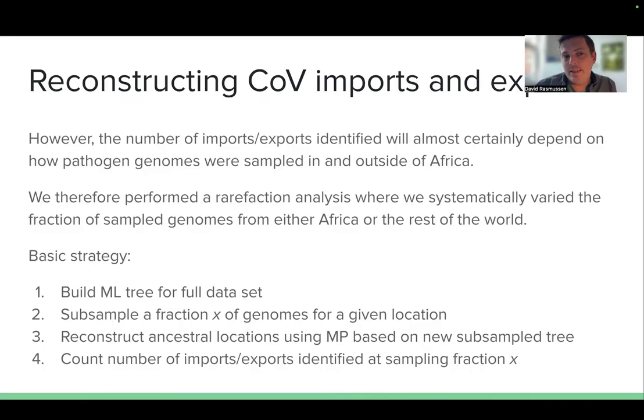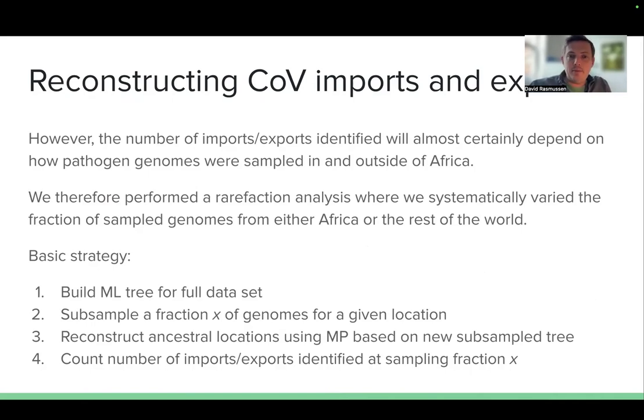So in this case, our basic strategy was to first build maximum likelihood trees from the full data set, and then subsample or resample individuals from each location at a chosen subsampling fraction, and then prune all of the other samples from the phylogenetic tree.